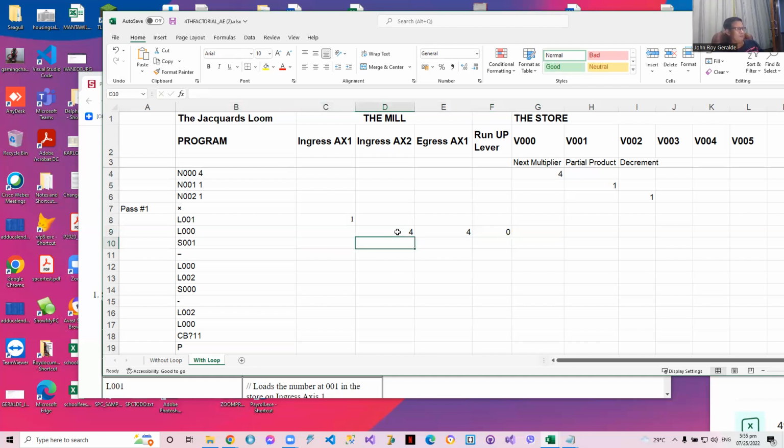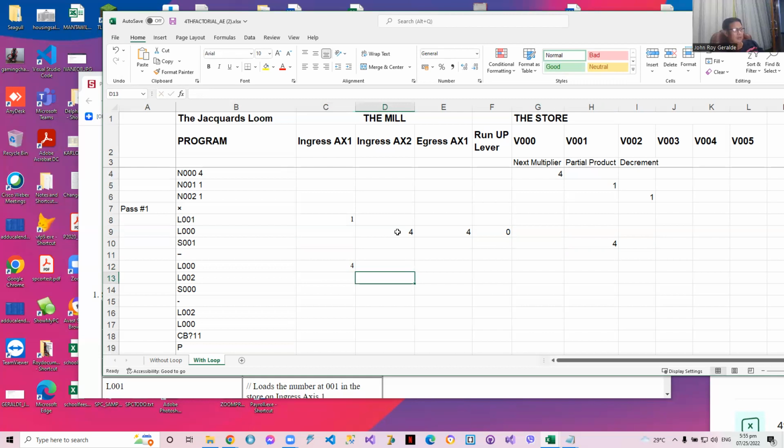S001. What is S001? This becomes 4. Do you follow? Because the egress axis will now be stored to S001, which becomes 4. The next is a minus, right? What happens to this? What's the value here? 4.